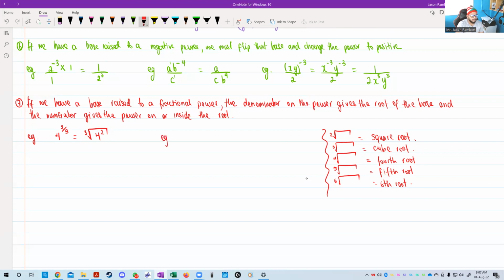Let me do our next one. A to the power 7/11. I know it's a fraction, so I know I'm dealing with some kind of root business. The base will always go inside of here. What number is going outside the root, Krish? 11, sir.